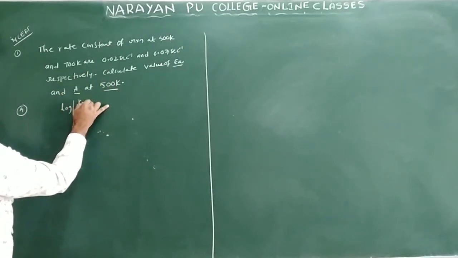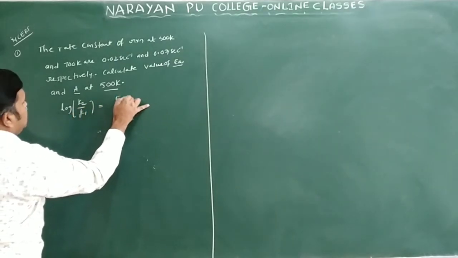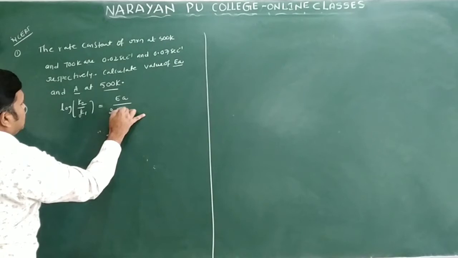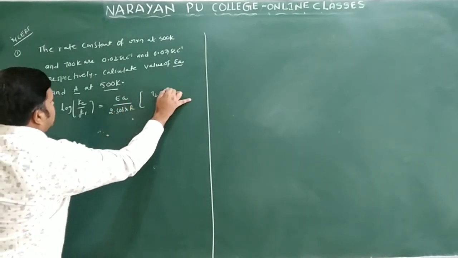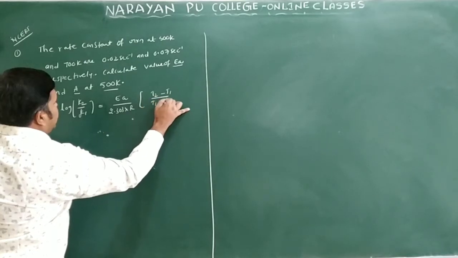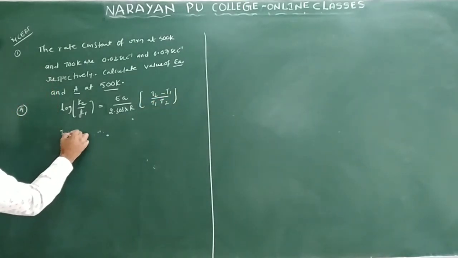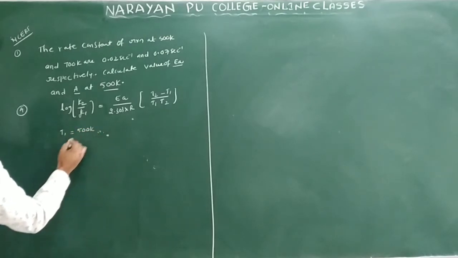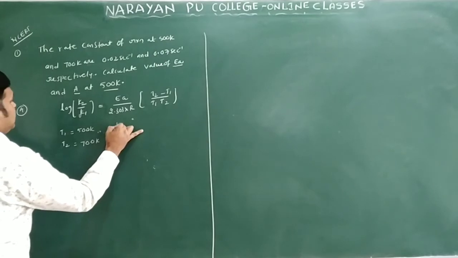What is the formula we can use here? Log K2 by K1 is equal to EA by 2.303 R into T2 minus T1 by T1 T2. T1 is equal to 500 Kelvin and T2 is equal to 700 Kelvin.